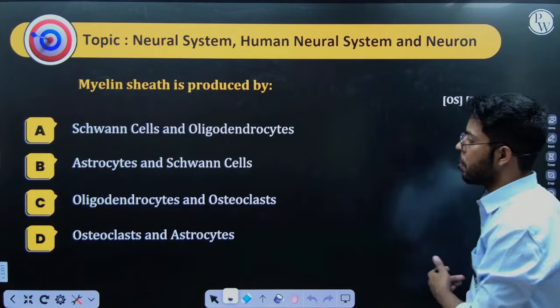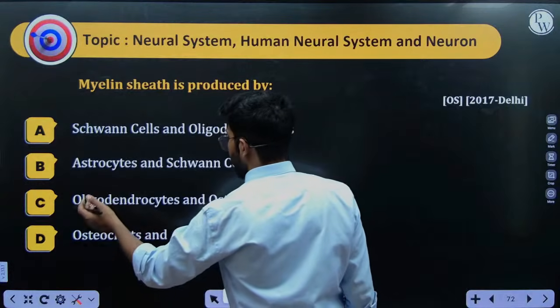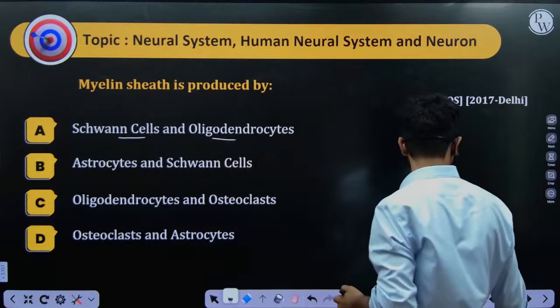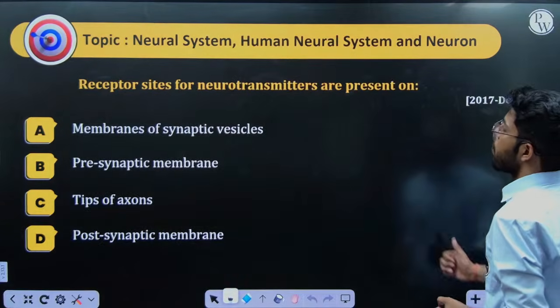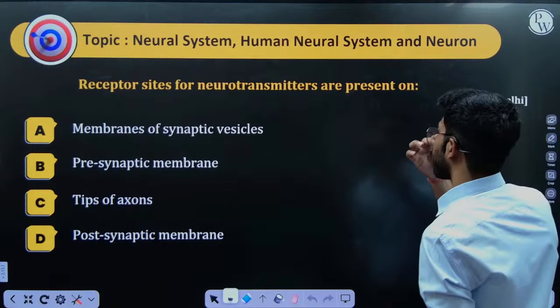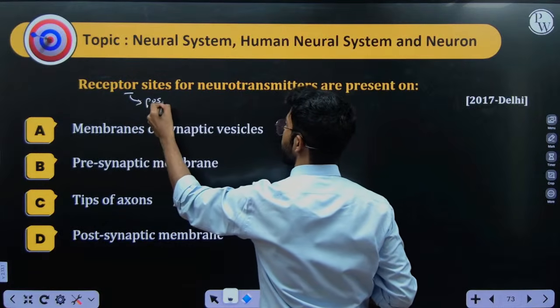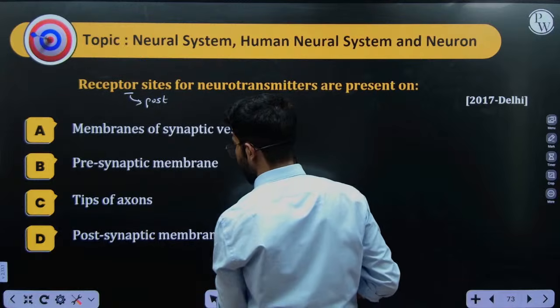Myelin sheath is produced by the oligodendrocytes and the Schwann cells. Receptor sites for neurotransmitter are always present on the post synaptic membrane. So this is the right answer.